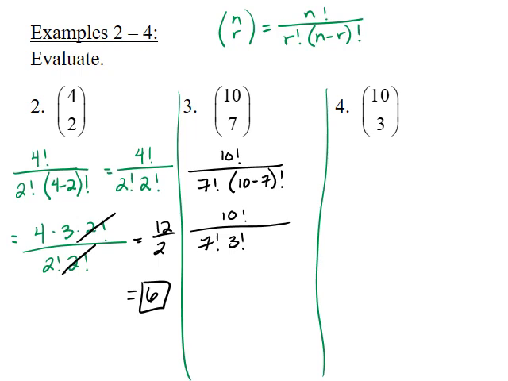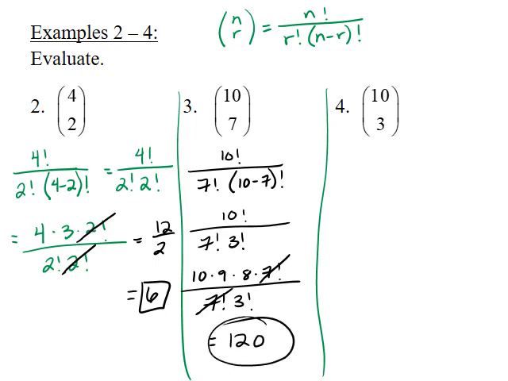And we may want to simplify this a bit. So 10 times 9 times 8 times 7 factorial. We'll cancel these out. And this will end up being 120.